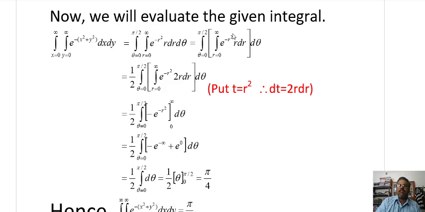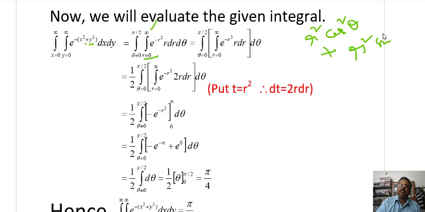Now we will evaluate the given double integral. x is 0 to infinity, y is 0 to infinity, e power minus x square plus y square dx dy. Now r is 0 to infinity, theta is 0 to pi by 2, e power minus of x square plus y square. x equals r cos theta, so x square is r square cos square theta, plus y square, which means r square sin square theta.